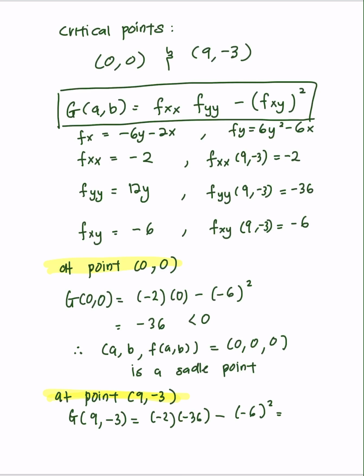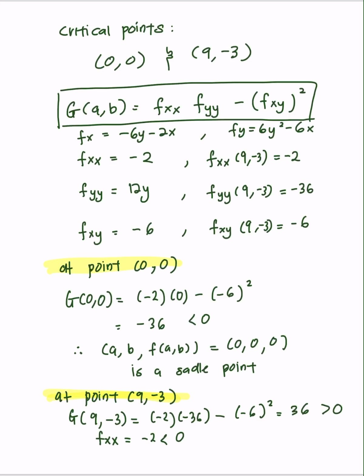Let's calculate it together. Minus 2 times minus 36 gives 72, minus 36, so you obtain 36. For this case, it is greater than 0. Since it is greater than 0, we need to check fxx. Fxx here is minus 2 and it is less than 0.